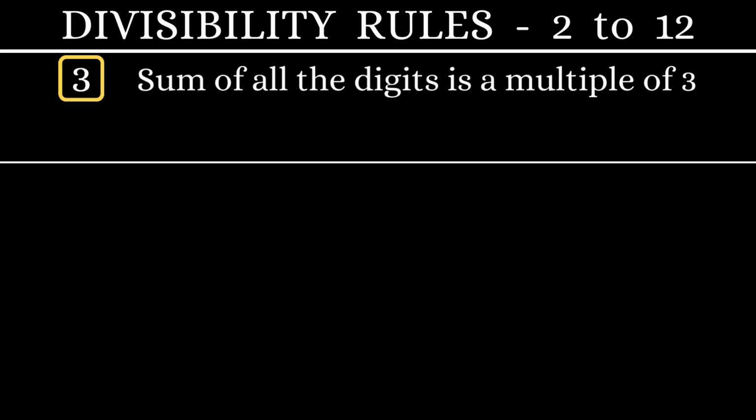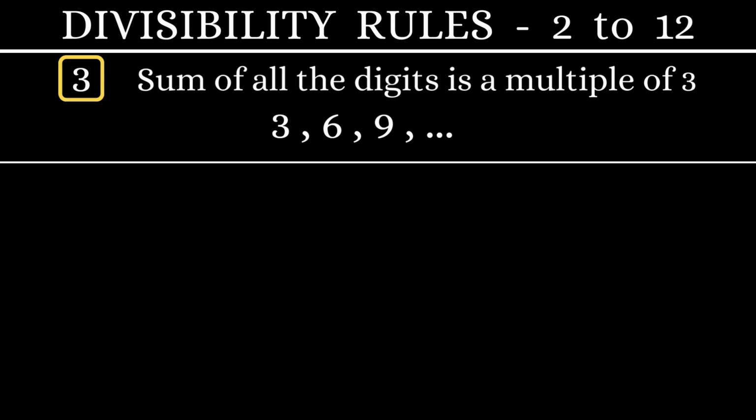To find out if a number is divisible by 3, we have to add all the digits in that number. And if the digits add up to a multiple of 3, we can say that the given number is divisible by 3.